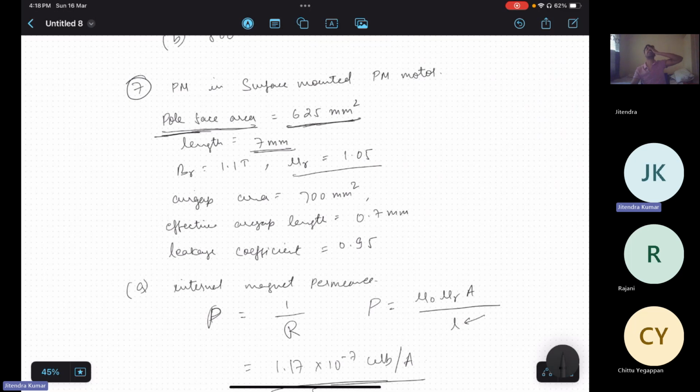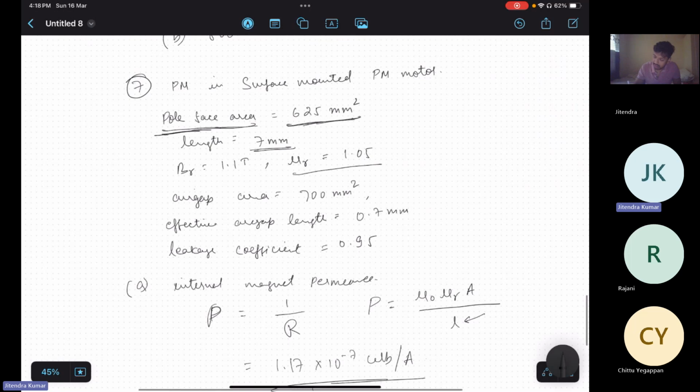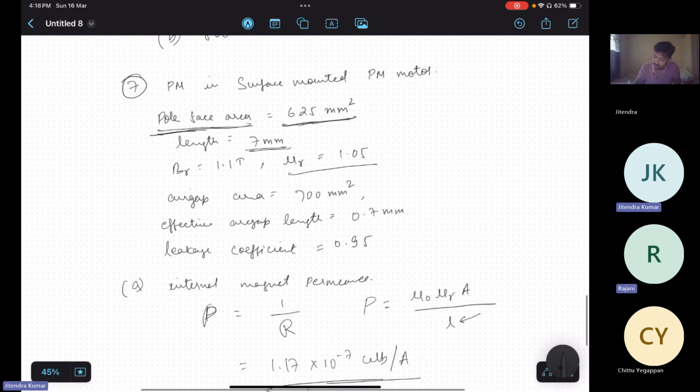Air gap length and air gap area, if you are given, you can easily calculate air gap reluctance, isn't it? Yes. Air gap area, I can see here, 700 mm square. Effective air gap length is mentioned, 0.7 mm.